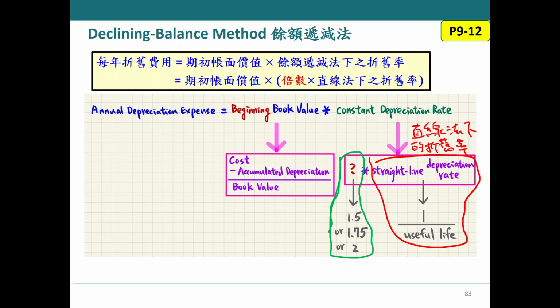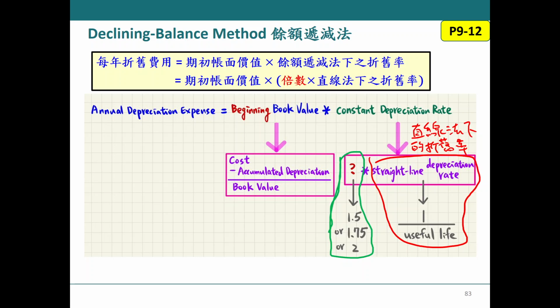Why? Because how much this number is depends on each company. If you think your company's PP decreases faster, then you will choose 2, right? If you think slower than others, then you will choose a lower number. So don't worry about the first number.